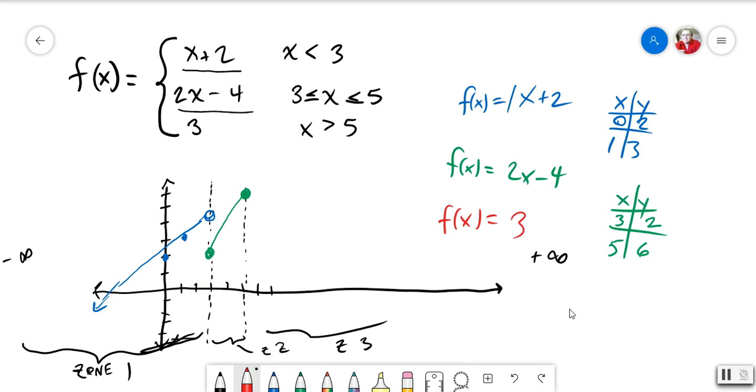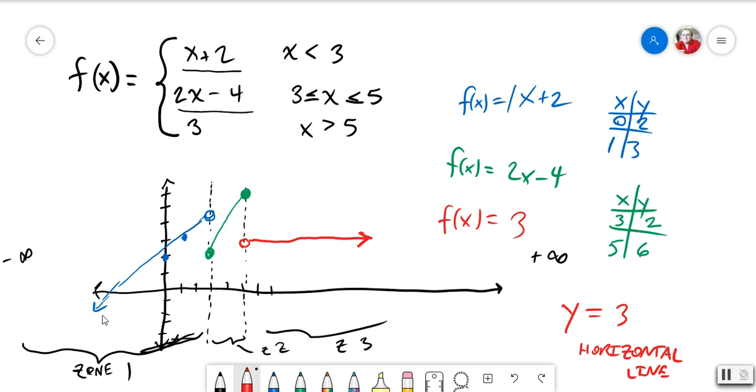I had 5 on the brain. Well, as you may remember, when you have a linear equation in the format y equals 3, that is a horizontal line. Of course, f of x is identical to y in this case. So 1, 2, 3, but I have to have an open circle again because this is not included. Horizontal out to positive infinity.